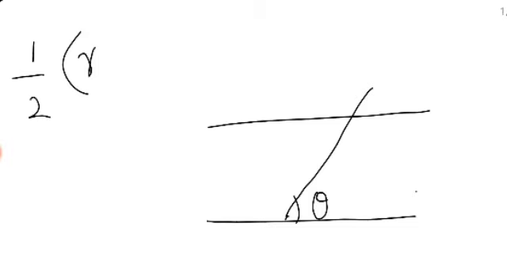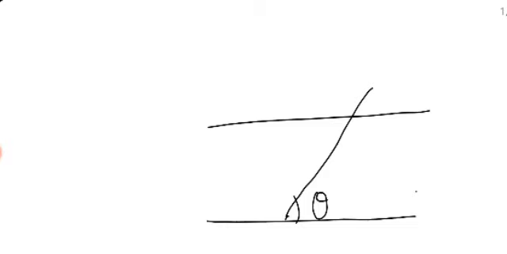But the cross sectional area varies at different points. Only if a rectangle is taken is the cross section uniform throughout the depth. Then we can directly take half gamma h plus 0 times the area. But here the cross section is different at different depths.